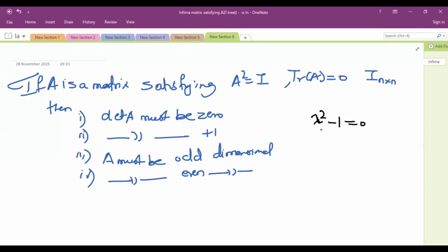Now, what we see is if the order of the characteristic equation of the matrix is less than the order of the matrix, then some of the eigenvalues will be degenerate, which means some of the values will be repeated. And with the help of lambda square minus 1 equal to 0, the possible values of lambda would be plus or minus 1.